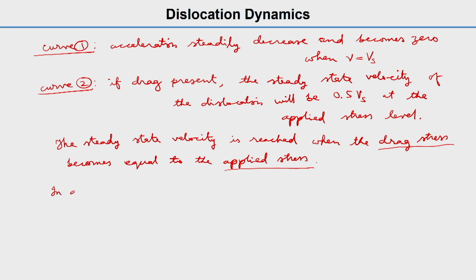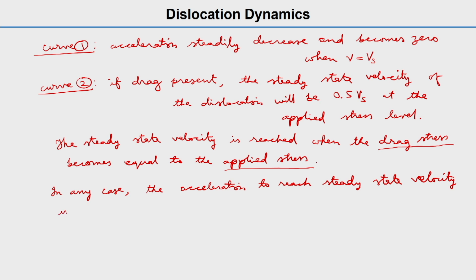In any case, whether it is curve 1 or curve 2, the acceleration of the dislocation to reach steady state velocity is very high, and the time required is very low. We'll give an example.